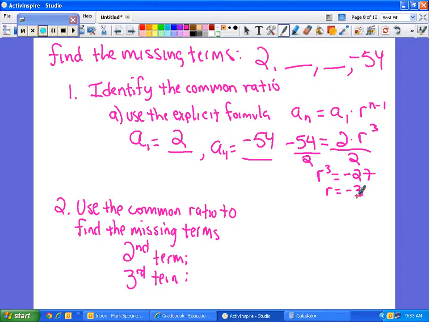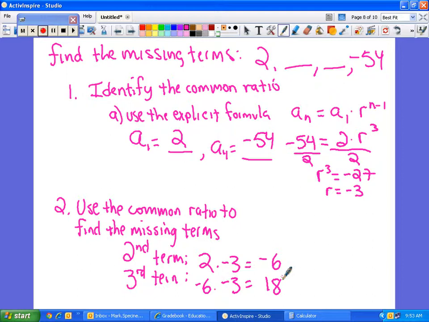Now I go to step number 2, and just as in finding the missing terms in an arithmetic sequence, where I then added or subtracted my common difference, here I'm going to multiply. So to find the second term, I take my first term, which was 2, multiply it by negative 3, gives me my value of negative 6. To find the third term, I take my negative 6, and multiply it by negative 3, to give me positive 18.